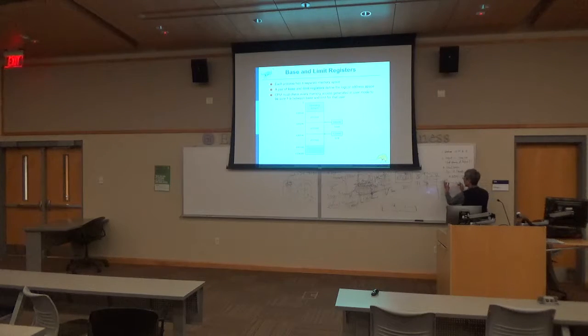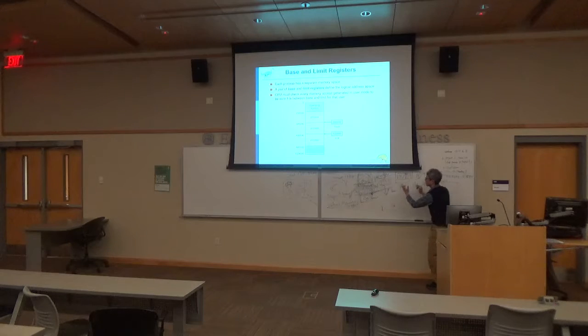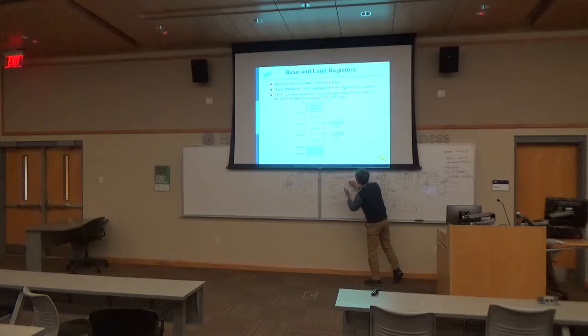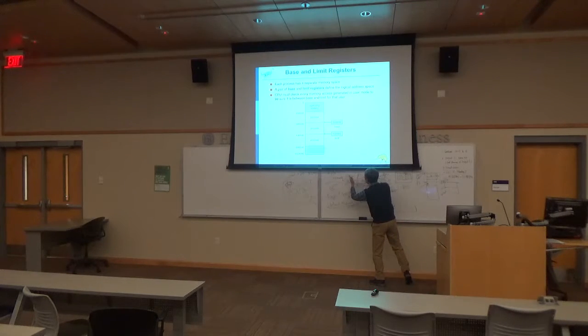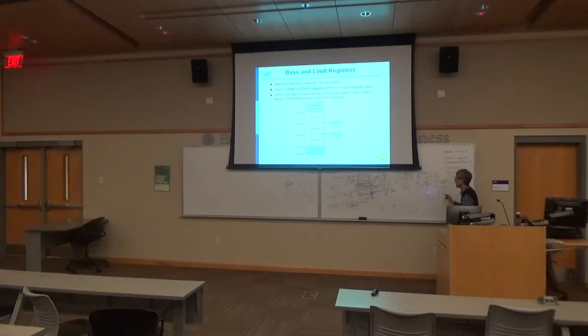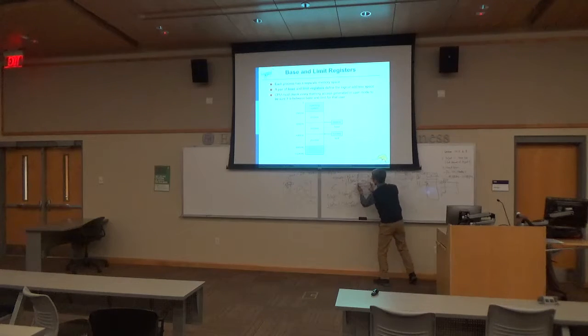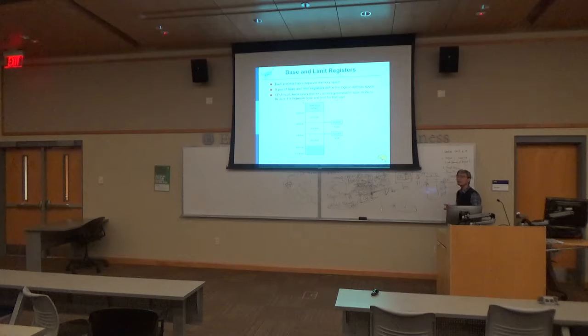If we load this process into here, say at address A000, then this one will be loaded here, so this one will be B000. Or if the process is loaded into another place, this address will change. This is a relative address, not an absolute address.